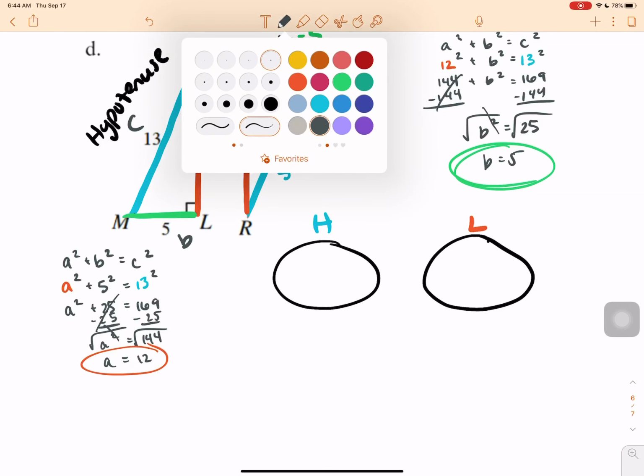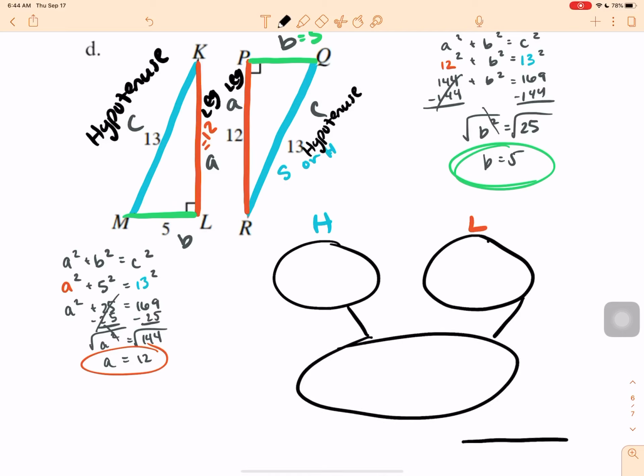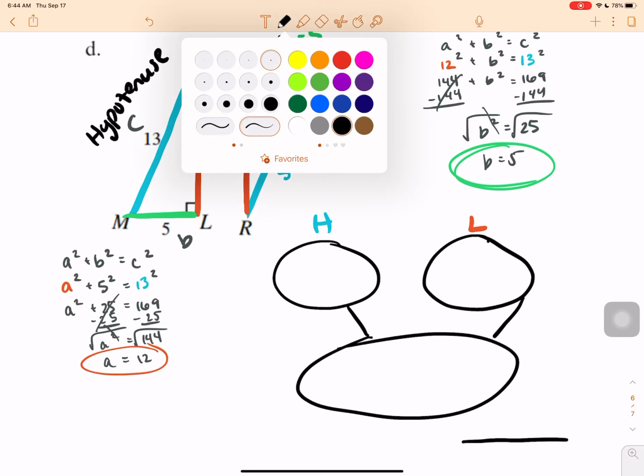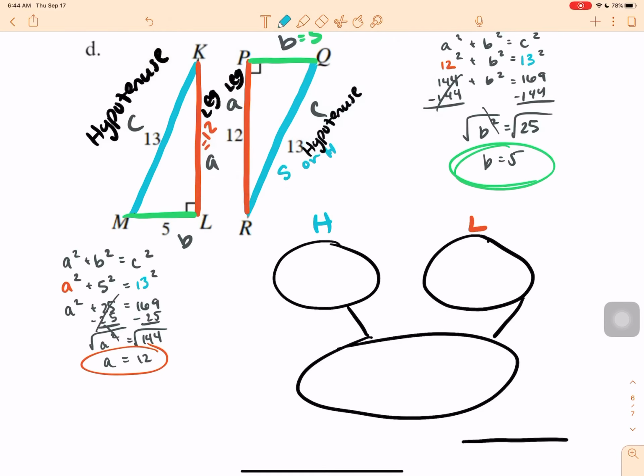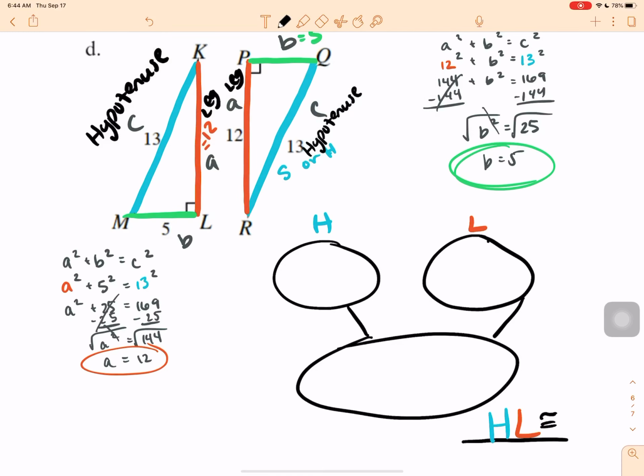So we need our lines going down, and then the main statement. Our main statement is that these two triangles are congruent by HL, or hypotenuse leg congruency. All right, so we need reasons still. I'm going to move this over here so I have more room to write this reason.